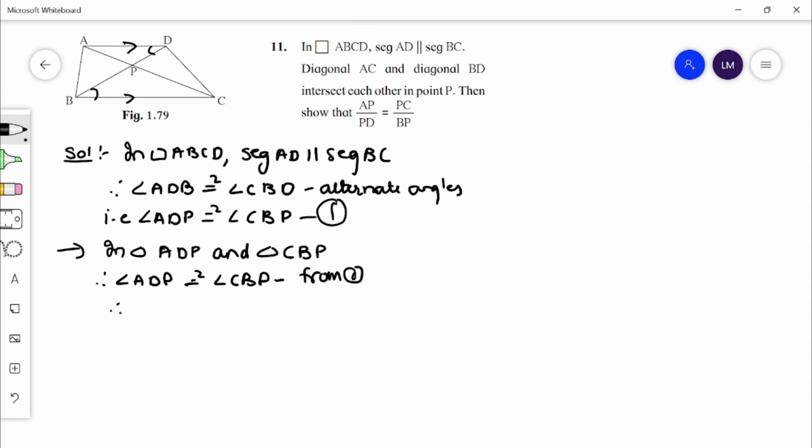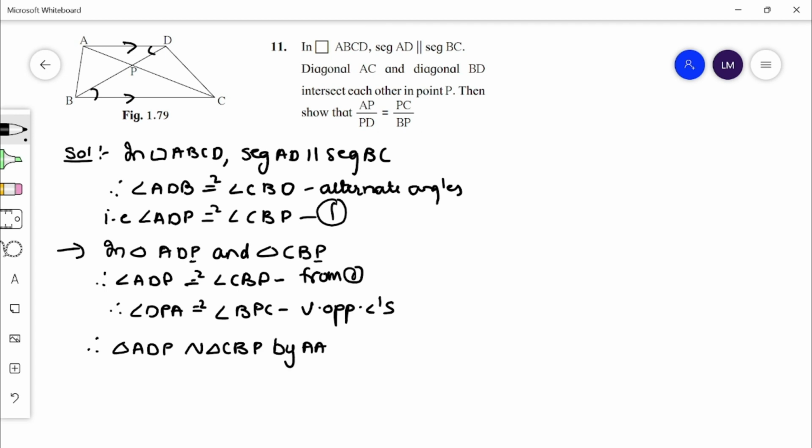Next, angle P is this one, right? So, angle DPA is congruent to angle BPC. Reason vertically opposite angles. Therefore, triangle ADP is similar to triangle CBP by AA test for similarity.